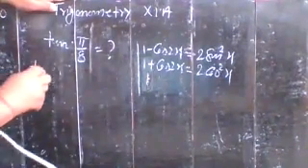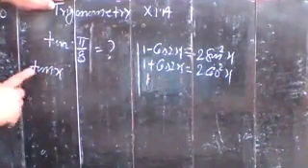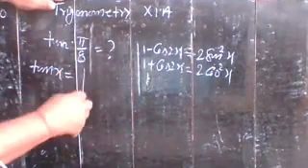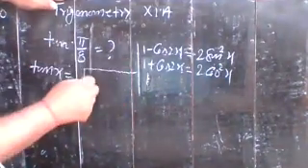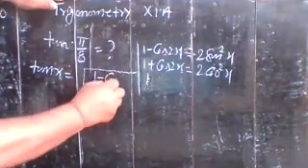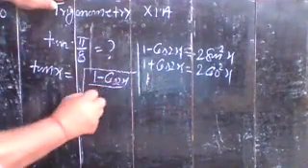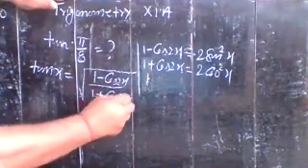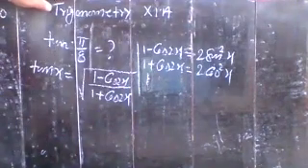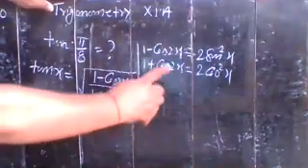So write it. Tan x, right here, tan x is equal to, within root, you write here 1 minus cos 2x divided by 1 plus cos 2x, by using this identity.